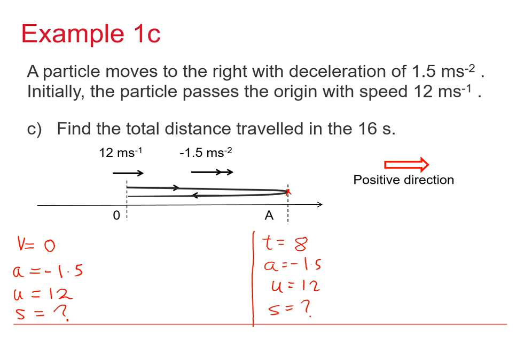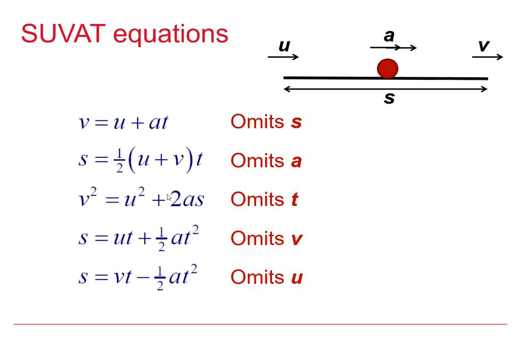So let's look back at the Suvat equations and decide which Suvat equation we're going to need. Firstly, for this situation where we've got v, a, u, and s, it'll be this one. That's actually what you can write here.